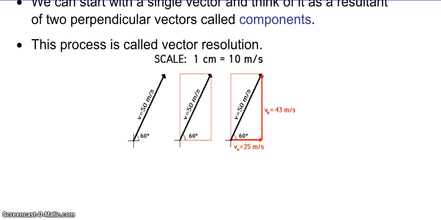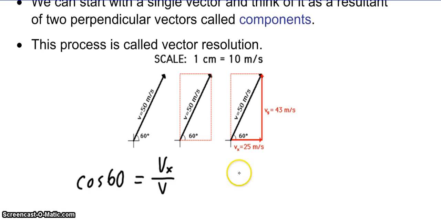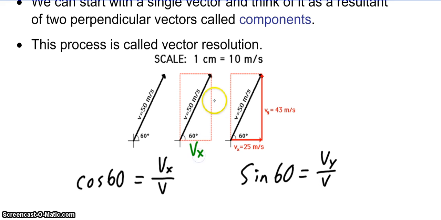We can do this again using trig, where in this case if I know this is a 60-degree angle and I have some velocity here that's 50 meters per second, I know that the cosine of 60 is going to be v sub x over v, and the sine of 60 is going to be v sub y over v, where this is v sub x and v sub y.